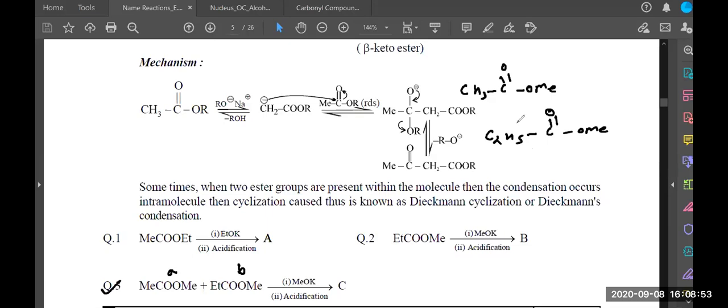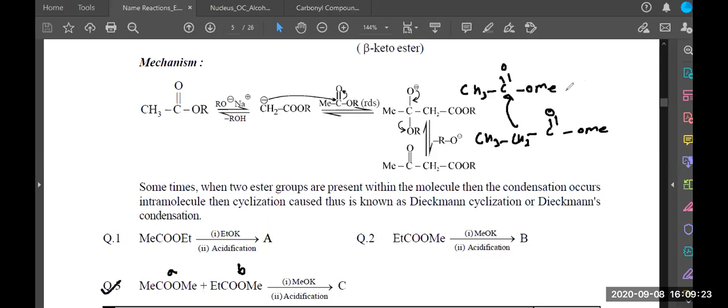Because we will have less repulsion in case of A. So we will have something like this, CH3, CH2. So this hydrogen will be removed and this will attack here, okay, right everyone? And then this OMe will be removed, okay?